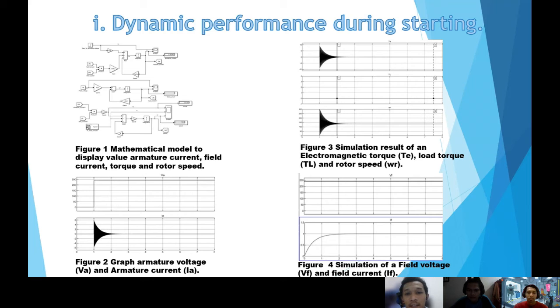To display the graphs for the armature circuit, rotor speed, load torque and field circuit, we have to click on the scope in the mathematical model. From this graph we can see the success in proving that the theory result is the same as the calculation result. That means the objective of the mathematical model is achieved.